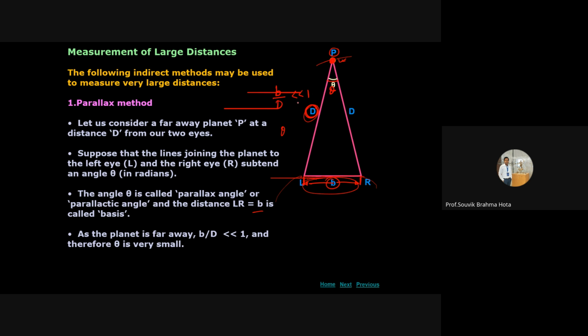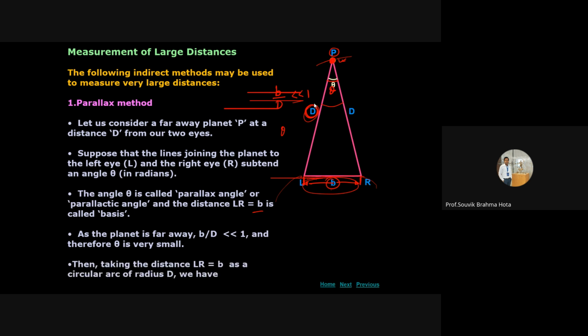Very much less than 1 means that compared to this B, this D is very large. So if B is not that large but D is very large, the angle between these two should not be large. It should be very small.